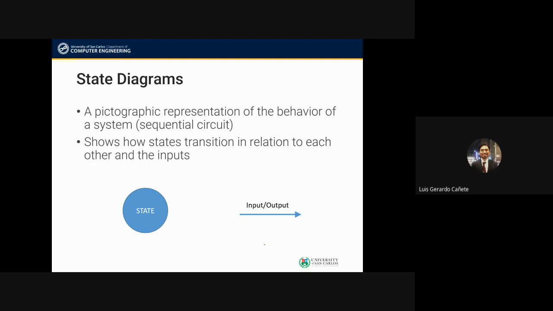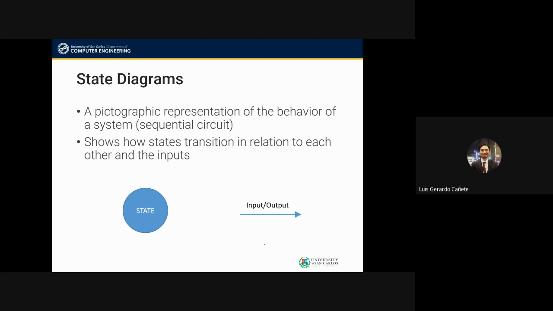You can define very complicated software using state diagrams, and they are quite important in my opinion, because I also use this a lot whenever we develop control for robotics. The state of the robot and the state of the inputs would then determine how the program proceeds, or what the robot does later. So they are a very important way of representing something that has a sequence, not just sequential circuits.